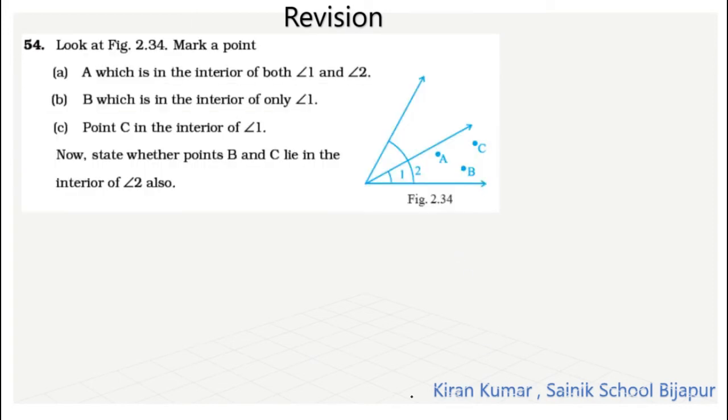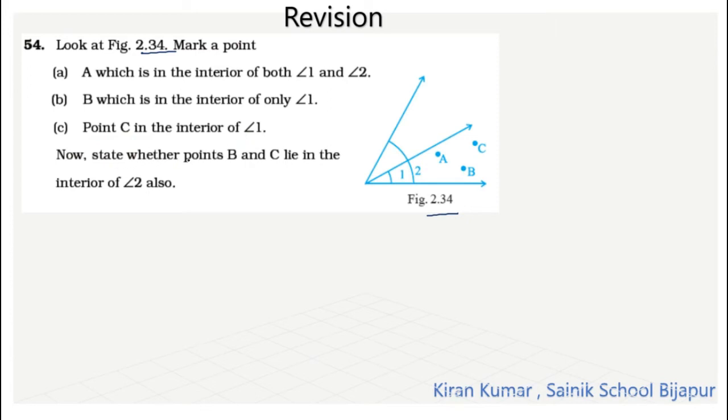Question 54. Look at figure 2.34. Mark a point. First, A, which is in the interior of angle 1 and 2. B, which is in the interior of only angle 1. C, a point in the interior of angle 1.